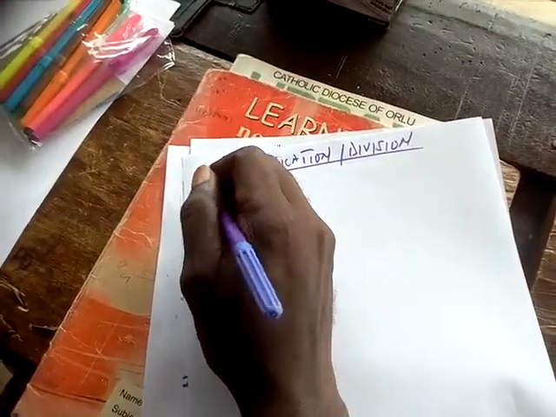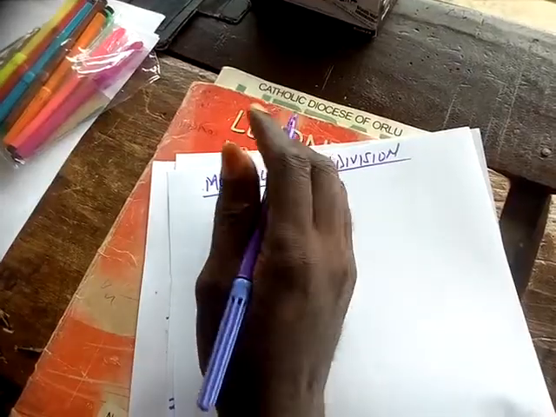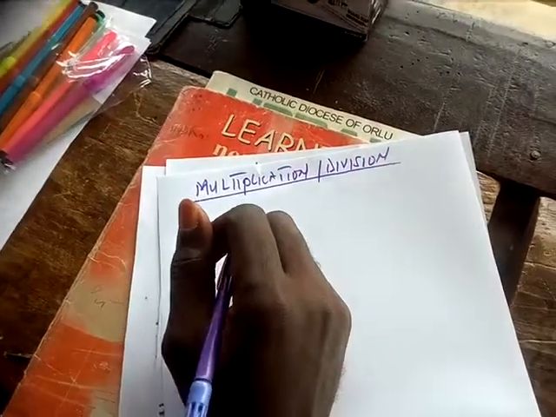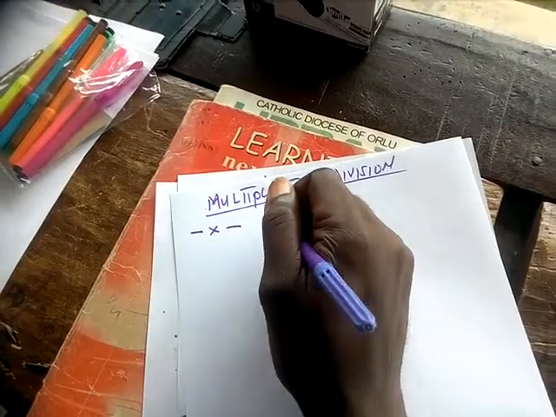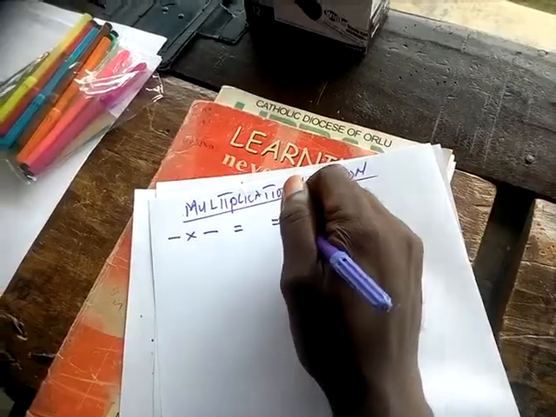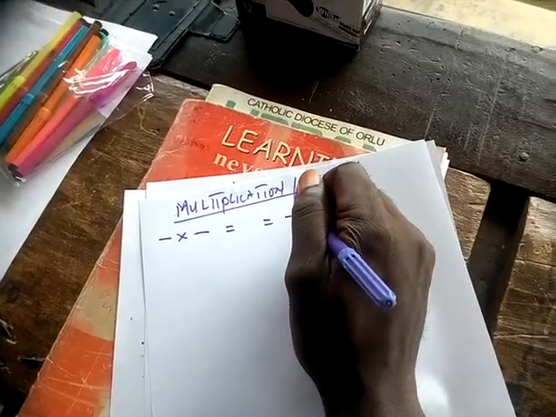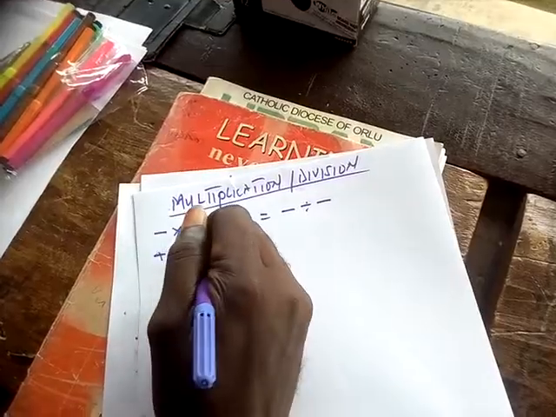When numbers of the same sign multiply or divide each other, the answer must be positive.